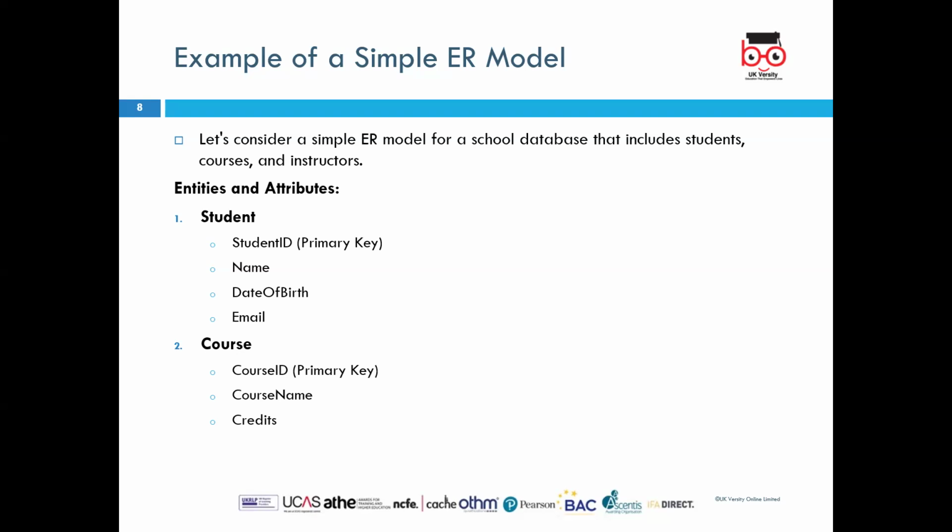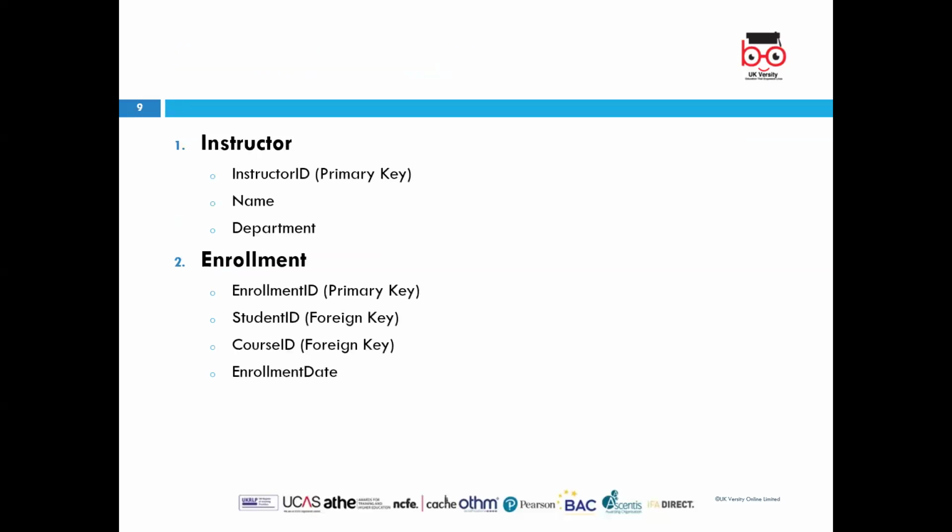For students, we can see name, date of birth, and email. For courses, we have course name and credit. The same process applies for instructor, tutor, and enrollment.